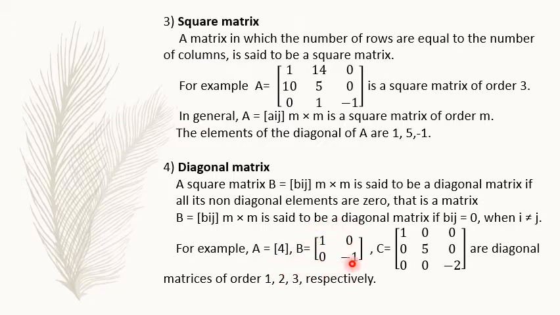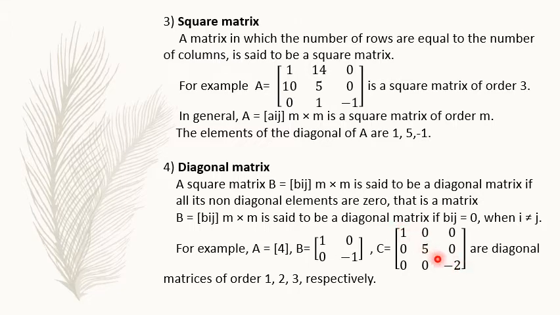Here this is a diagonal matrix of order 2 by 2. It has 2 rows and 2 columns. Here 1 and minus 1 are diagonal entries, and these are non-diagonal entries. So here non-diagonal entries are 0. Here in this 3 by 3 matrix, the diagonal entries are 1, 5, minus 2.